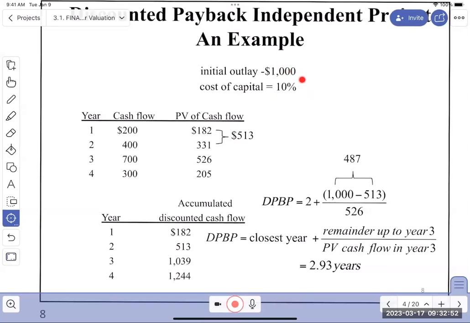So that's the opportunity cost of investing. And what you see here is if I was to add up these cash flows, after the first year, it's $200. After the second year, how much is it? Well, it's going to be 200, 400. You're just adding up.